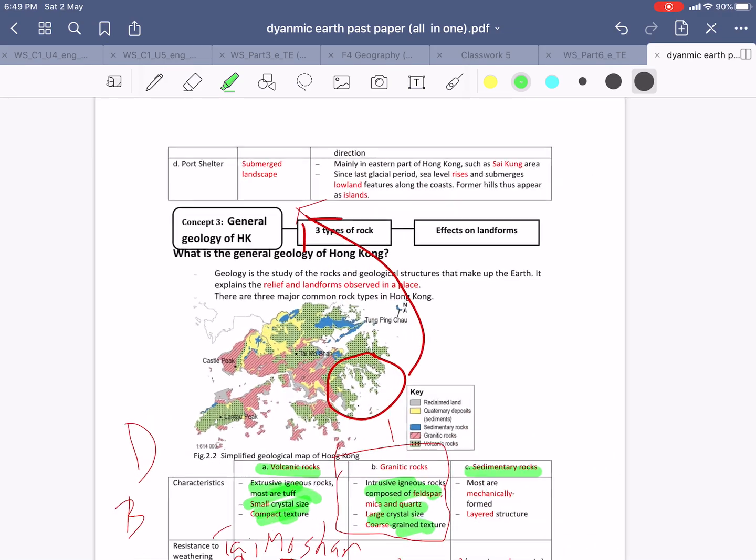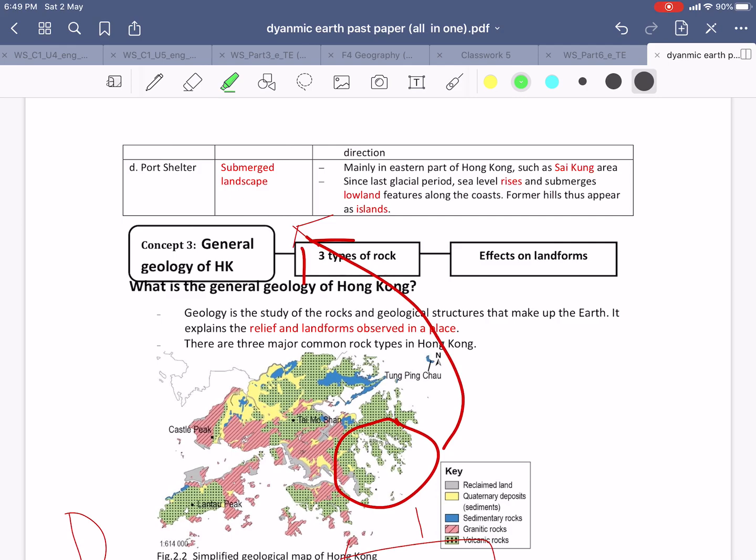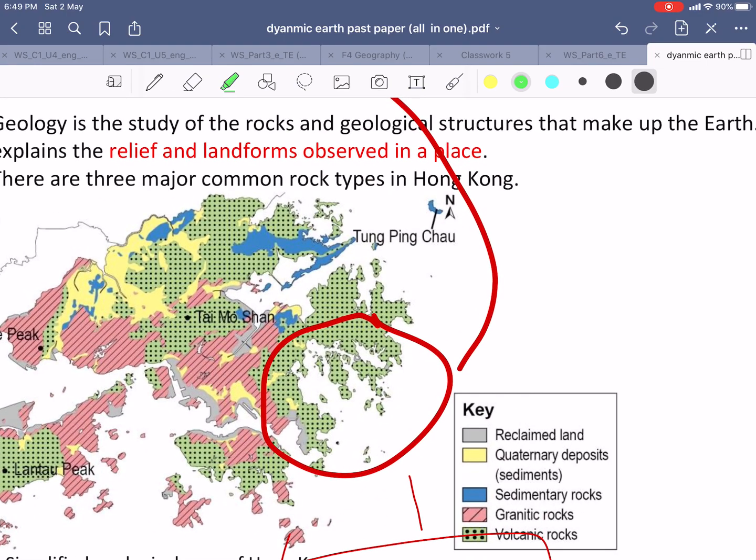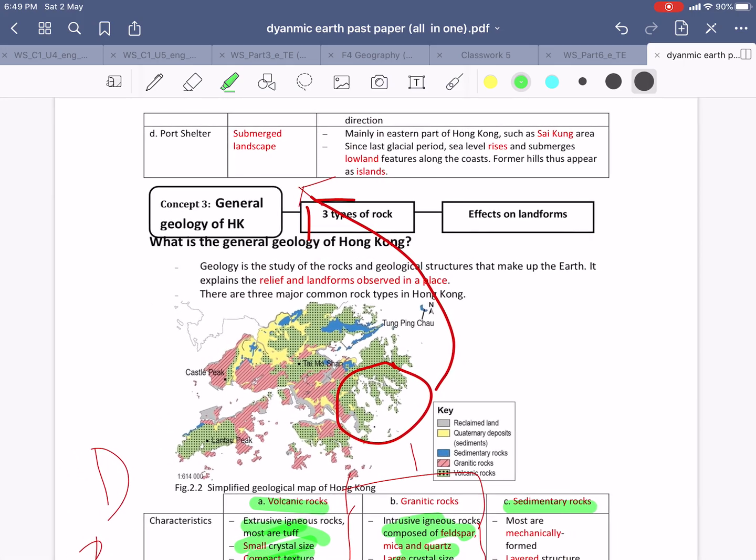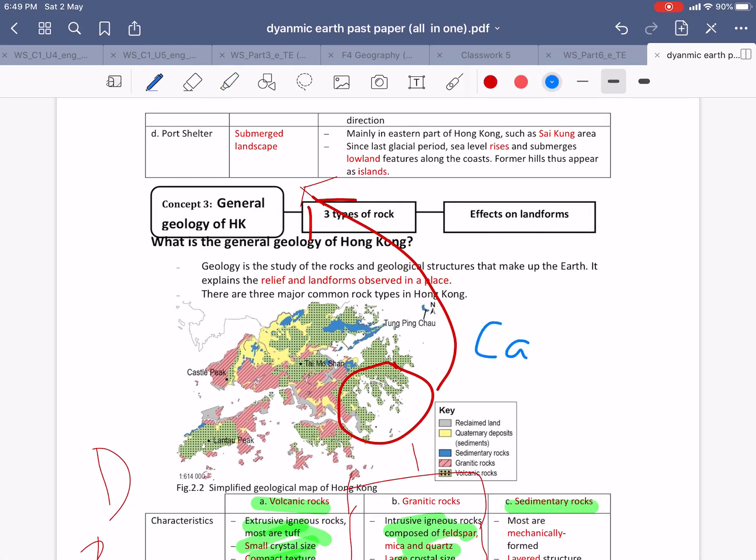Okay, next one. Port Shelter, it is a submerged landscape. What is this about? Because previously, Sai Kung was a large caldera, a broken volcanic crater. And nowadays, because the volcanic activity is no longer active in Hong Kong, the caldera has collapsed, and most of the landscape is submerged by seawater.